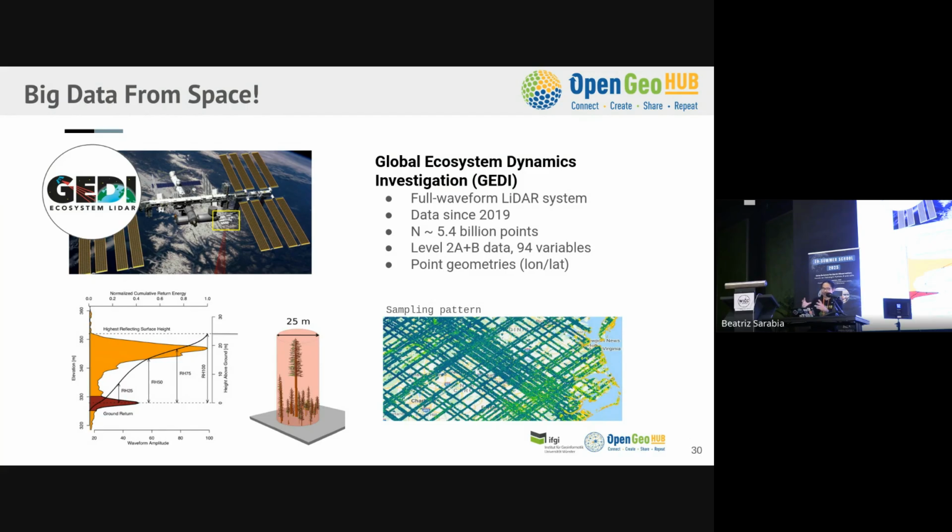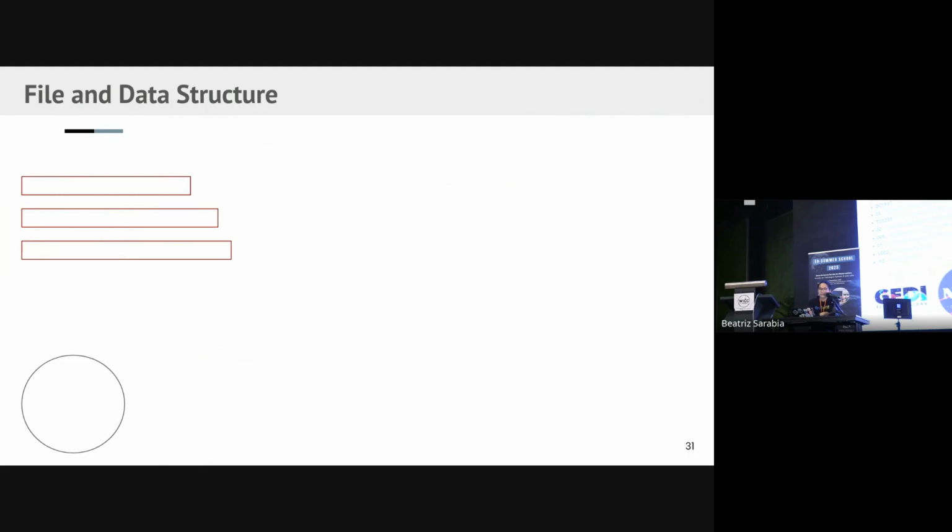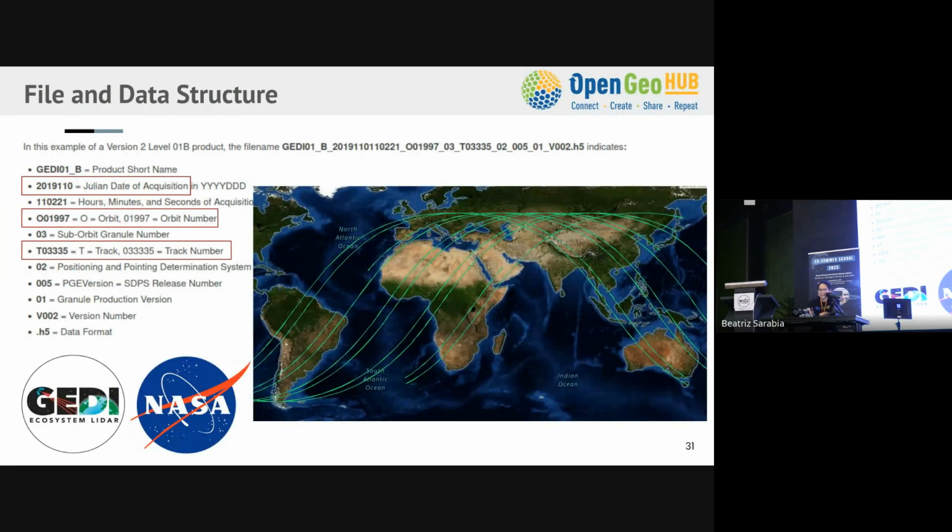This is a huge NASA project that stores a lot of LiDAR data on the NASA server. The problem we found with this data is that it's an operational system organized according to the orbit, so the satellite flies from here to here. For sure, it doesn't go off the end of the world because the Earth is not flat.